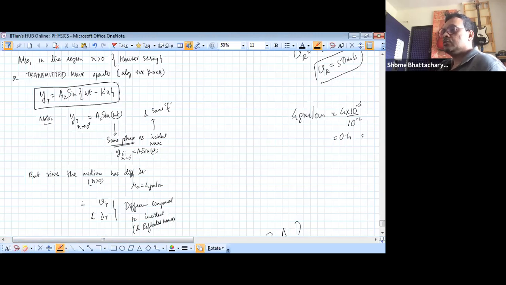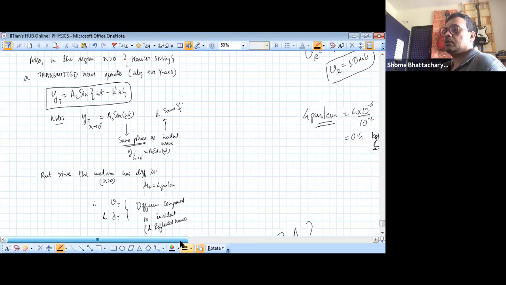As you get used to doing waves questions, you will get used to this: gram per centimeter converted to SI unit, there's a factor of 0.1 that you multiply. Remember, it's linear mass density and not density.